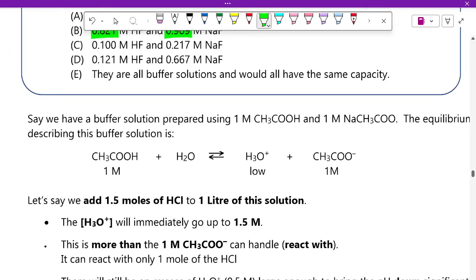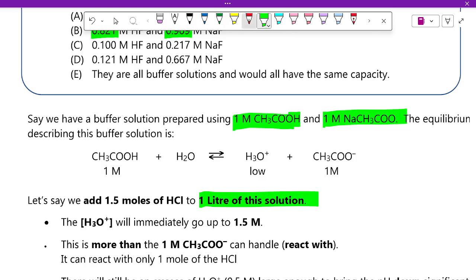So let's say our buffer solution is prepared using 1 molar acetic acid and 1 molar NaCH3COO, and we are going to use 1 liter of our buffer.